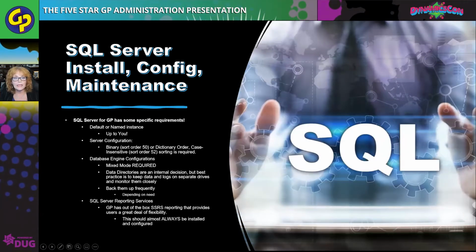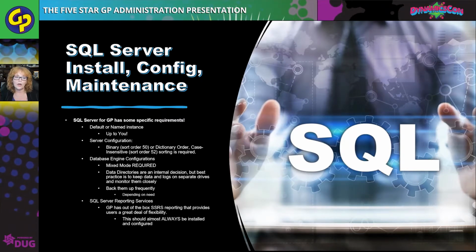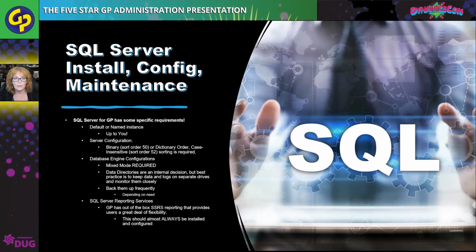Okay, let's talk about the SQL Server installs that you're maintaining. When you install it, if you want to do a named instance, that's up to you. Frankly, I never liked named instances unless there was a reason for them, like having more than one version on the same SQL server, more than one instance, etc. When you install SQL, it has GP specific needs.